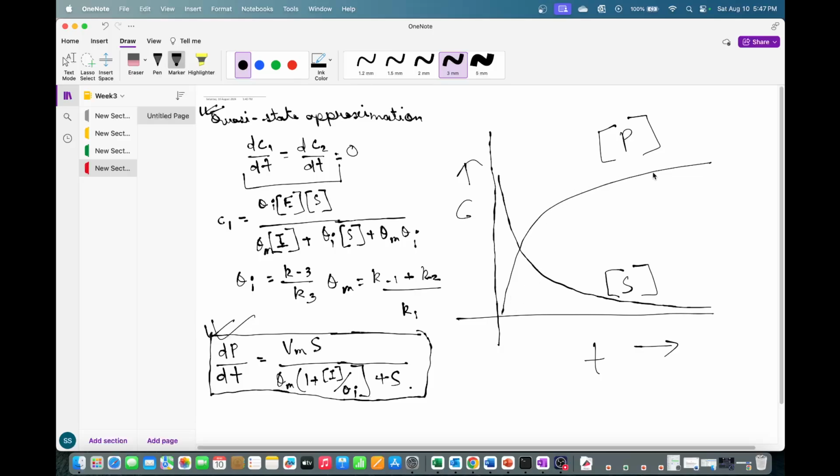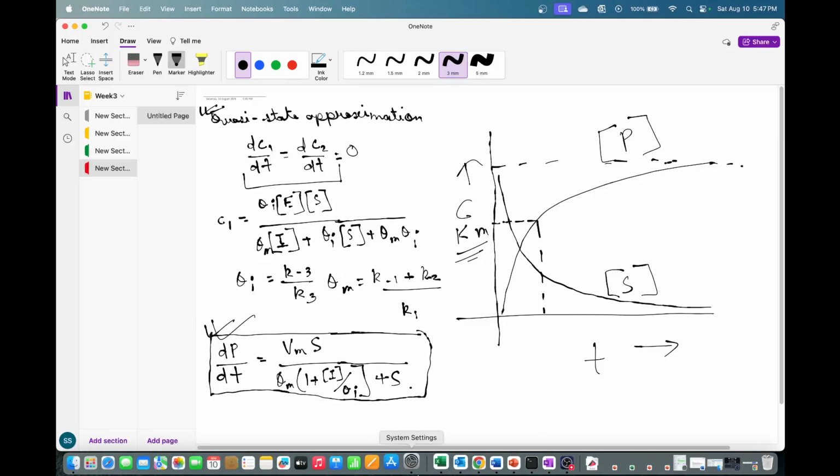So product is increasing and it saturates at a concentration, and the substrate goes down and saturates. And half of this, half of this steady state value, is given by this Km, right? So this was the Michaelis-Menten equation.